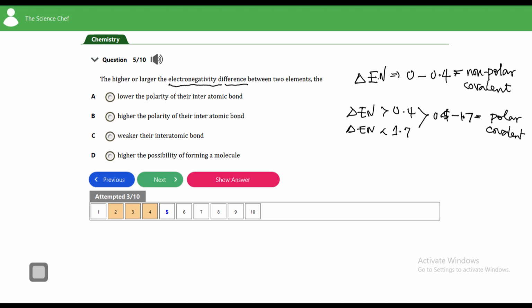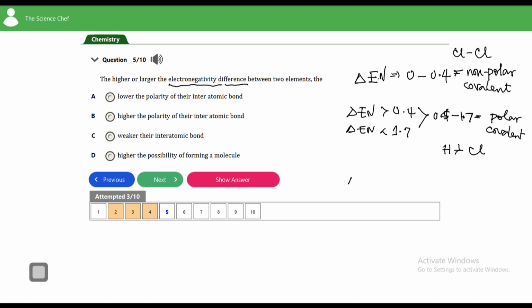So it's polar covalent. Example of polar covalent here is HCl. That's a polar covalent molecule, right? Due to the higher difference in electronegativity of chlorine over hydrogen. A non-polar covalent molecule is the chlorine molecule, while a polar covalent is the hydrogen chlorine bond in hydrogen chloride, right?